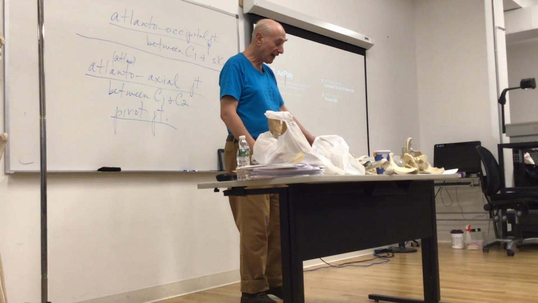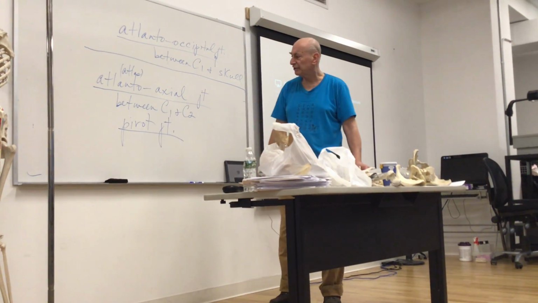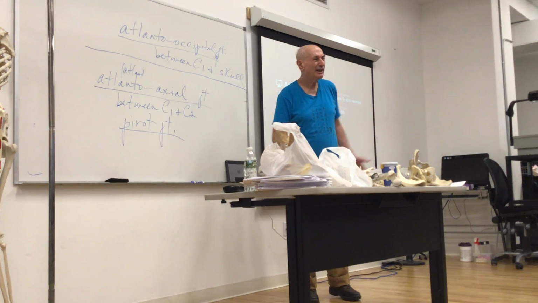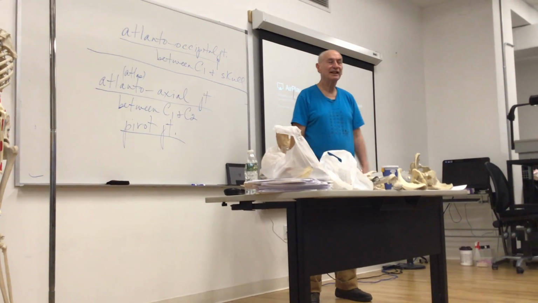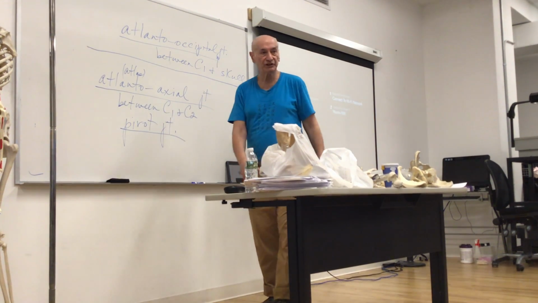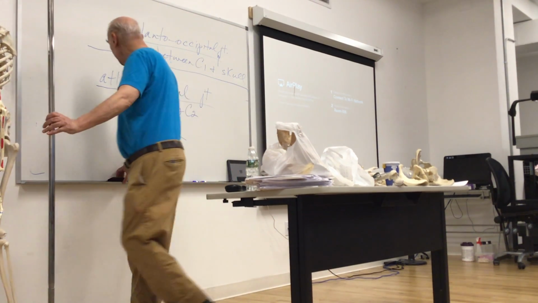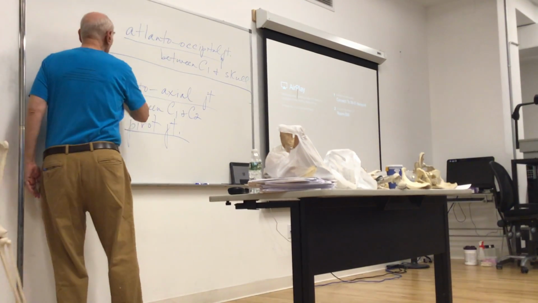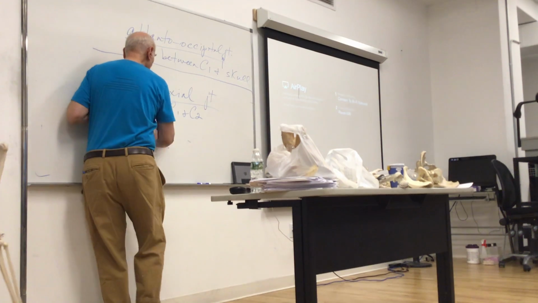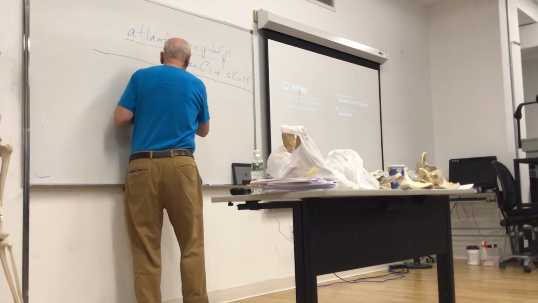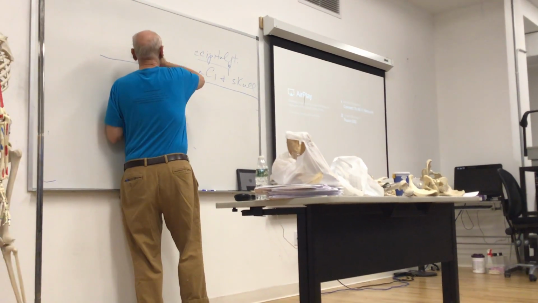And now sinuses, I'm going to write sinuses of skull. We don't ask really function or anything like that, I just need you to know which are paranasal, which aren't. So I'll just put skull bones housing sinuses, because they overlap cranial and facial.